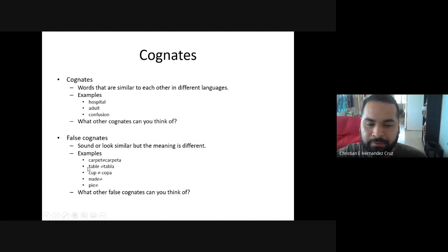And we have also table and tabla. Written very much the same, except for this last vowel. But table means mesa, and tabla, well, it's a different thing. Cup and copa. Of course, you could make an argument that you drink both out of a cup and out of una copa.